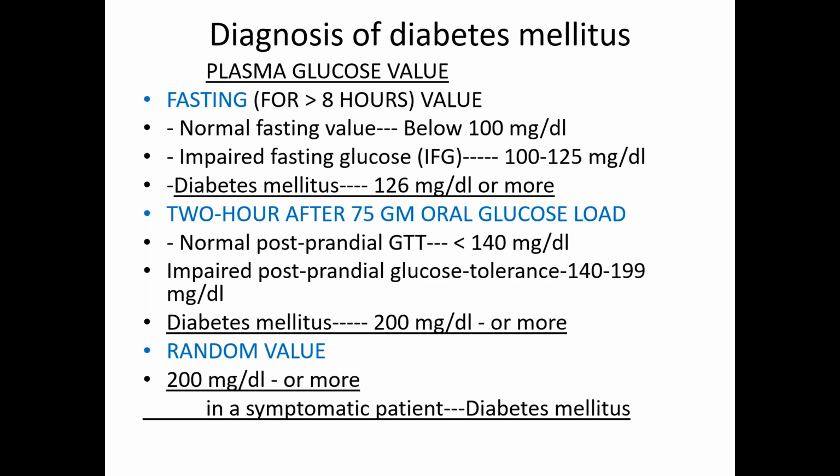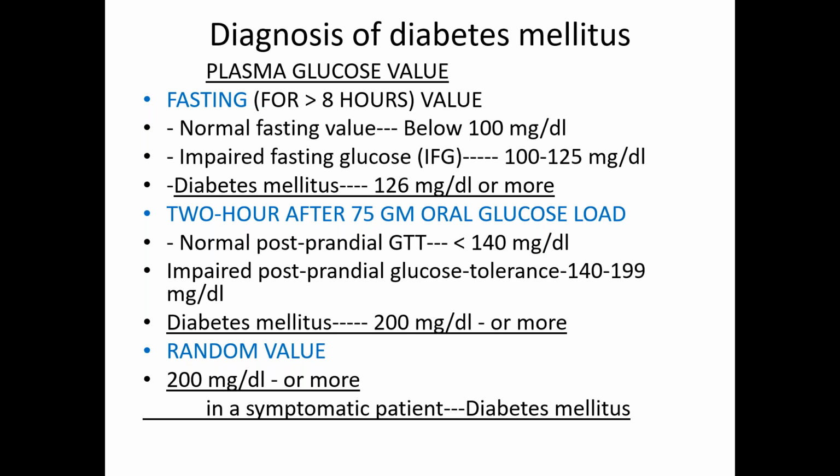So you should know what are the normal levels, what are the levels in impaired glucose tolerance, and what are the levels which are confirming the diagnosis of diabetes mellitus. You should know the fasting value, after overnight fasting for at least 8 hours. The morning sample after overnight fasting should be below 100 milligrams per deciliter. This is the normal fasting blood glucose value, about 70 to 100 milligrams per deciliter.